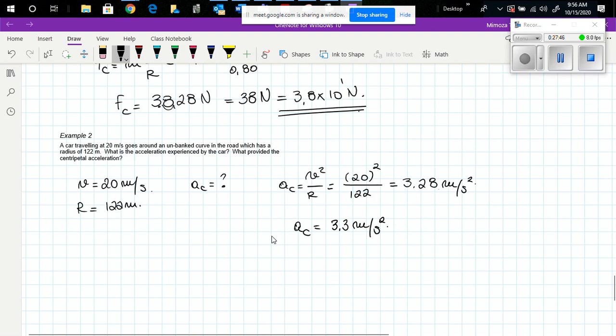And what is providing the existence of centripetal acceleration is the fact that force net, that is, in this case, the force of friction between the tires of the car and the road, is perpendicular to the velocity of the object.